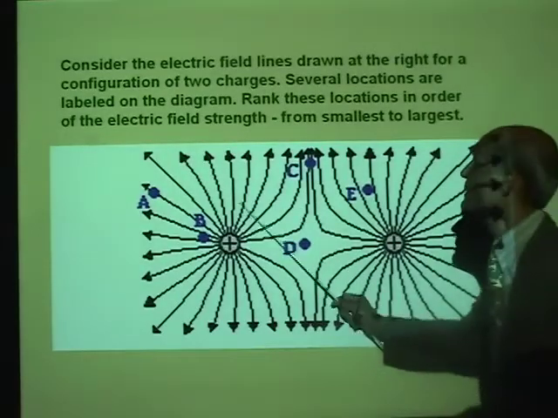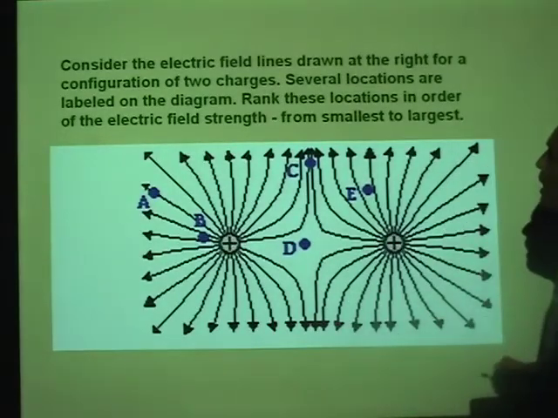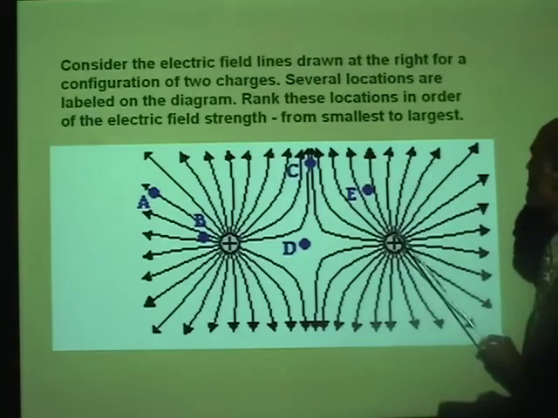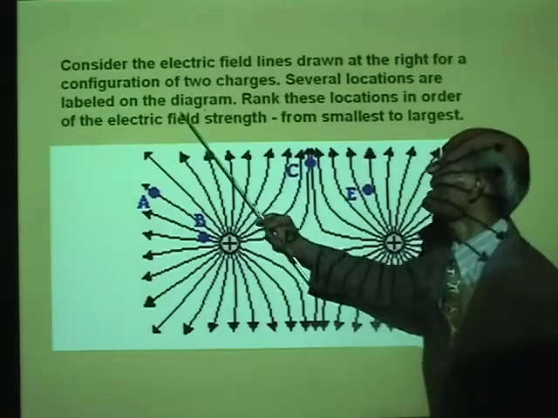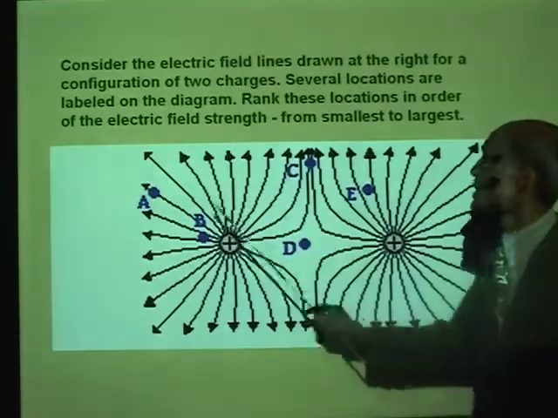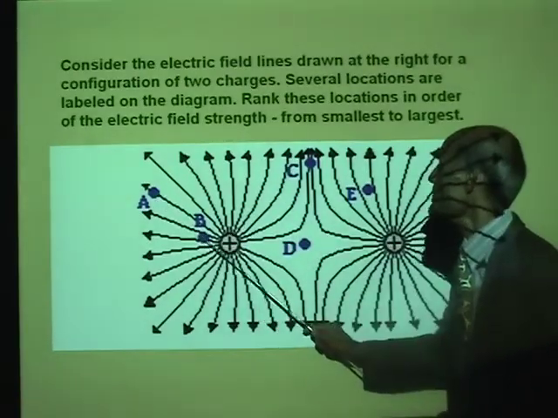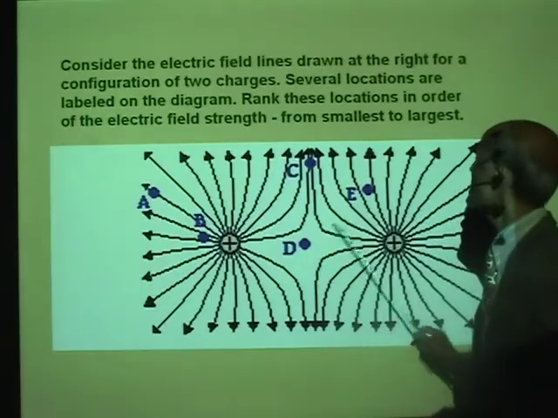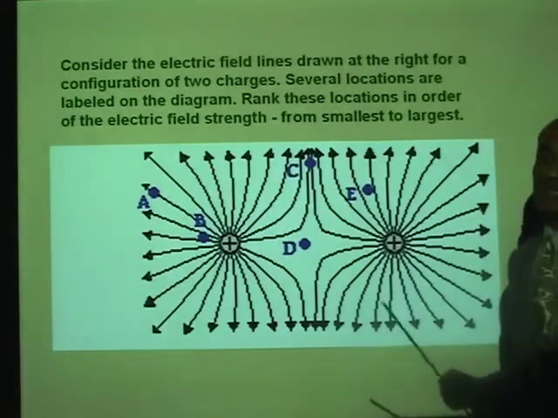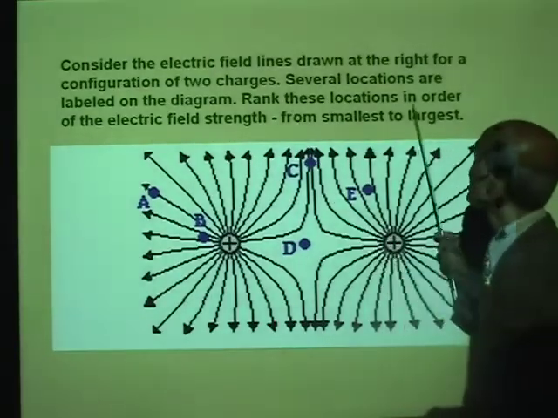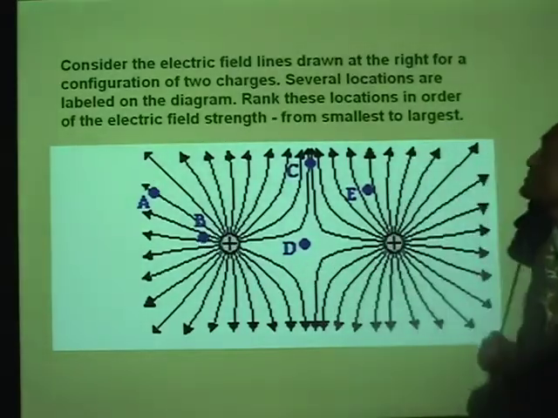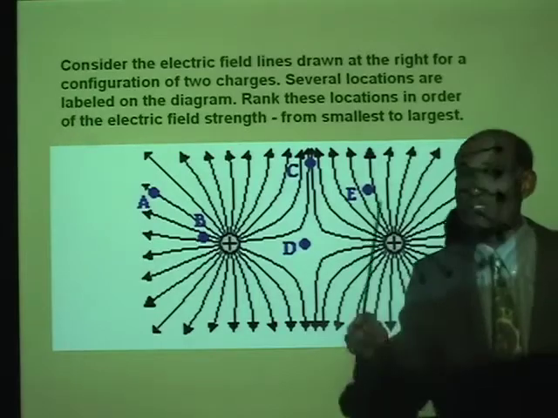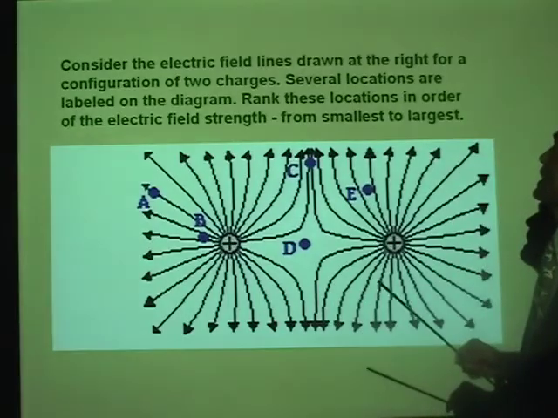I have the electric field drawn for the configuration of two electric charges. Several locations are labeled on the diagram. Look at the locations: A, B, C, D, and E. Your job is to rank these locations in the order of the electric field strength, from the smallest to the largest.